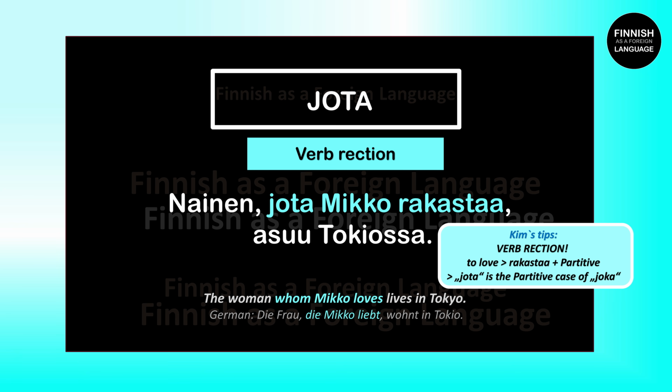So here, we actually have a verb action. That's why we say jota. So the additional information we get about the woman who lives in Tokyo is that Mikko loves her. Let's repeat again. Nainen, jota Mikko rakastaa, asuu Tokyossa. In English, the woman whom Mikko loves lives in Tokyo.